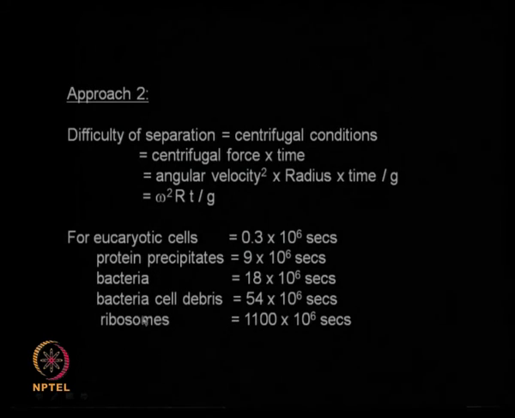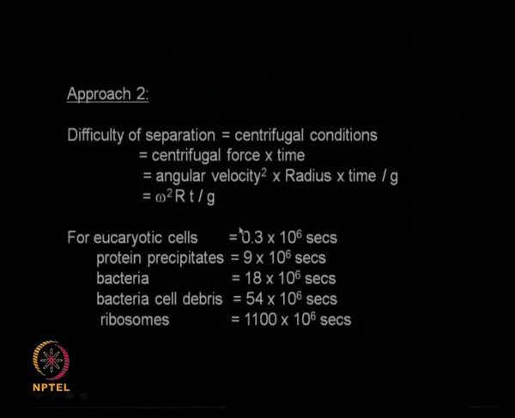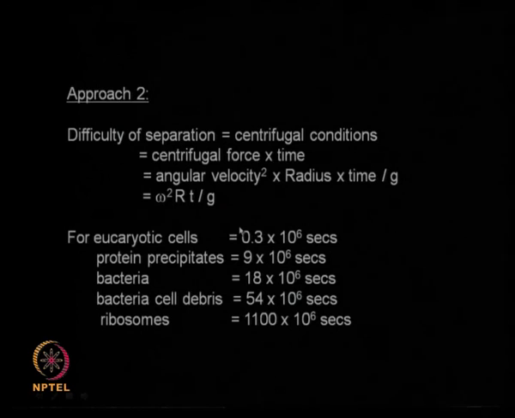What it means is it is very difficult to separate ribosomes when compared to bacterial cell debris, bacteria, protein precipitates or eukaryotic cells. So obviously it is more difficult to separate cell debris than cells itself, and we can scale it up based on the difficulty of separation.